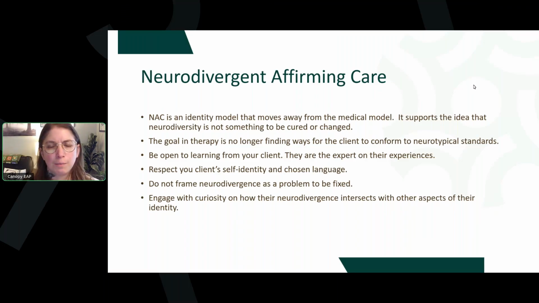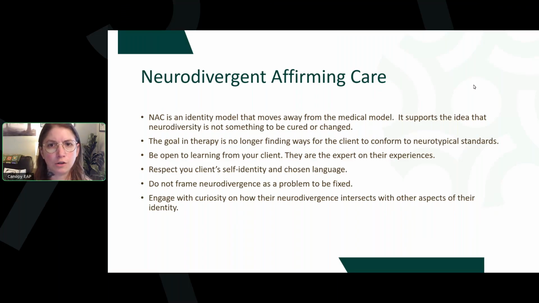So it's finding that balance of some of that psychoeducation around, oftentimes we can be in the medical model, and maybe they have worked with previous clinicians who have not been working within that affirming care mentality and have been trying to teach them to behave differently in order to quote unquote fit in. That in itself can be very traumatic and upsetting.